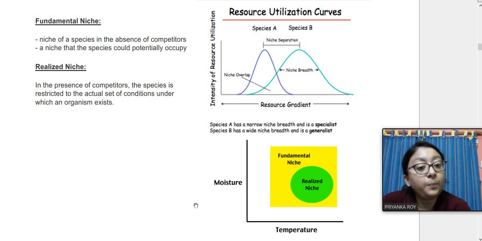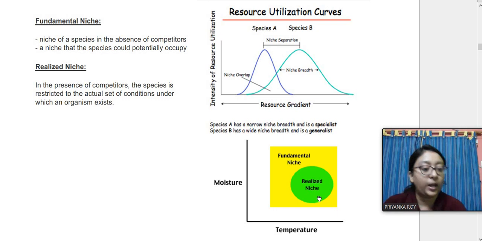But in nature, we all know that there are always competitors, there will always be some kind of resistance. So the fundamental niche will be restricted to a smaller region, which is known as the realized niche. When in the presence of competitors, the animal cannot move around everywhere or have all the food available.